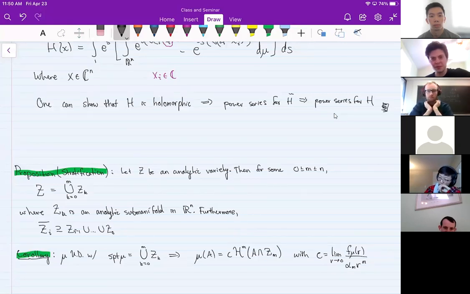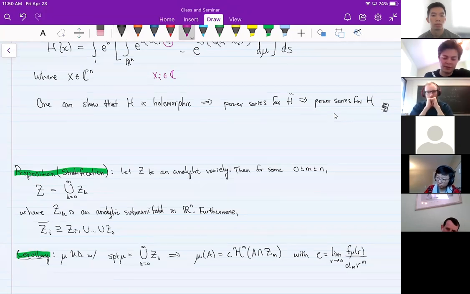If Z is any analytic variety, then for some integer less than n, I can write Z as this union over these Z_k, where each Z_k is actually an analytic submanifold of R^n. An analytic manifold is stronger than a smooth manifold, so in particular these things are smooth.